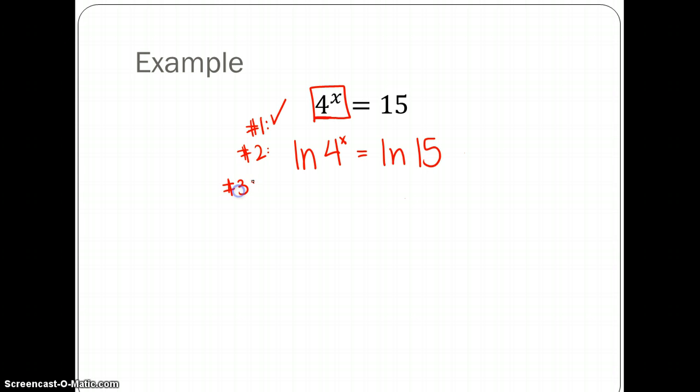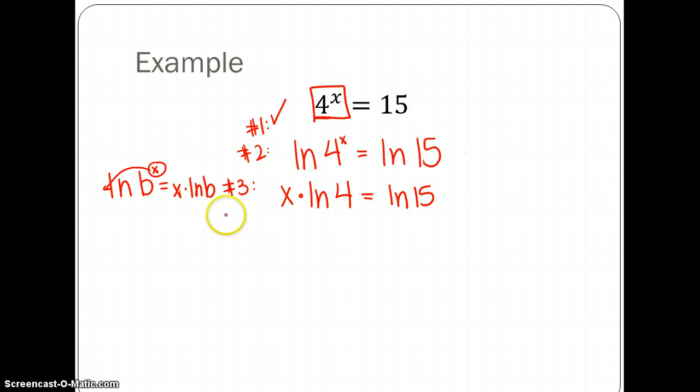Step 3 is to use those properties. We don't have e to a power here, so we're going to use the property where the exponent can be written out front of the log. So we write ln of 4 to the x as x times ln of 4. We used that log property.